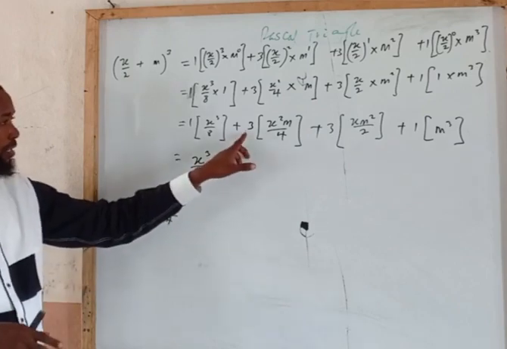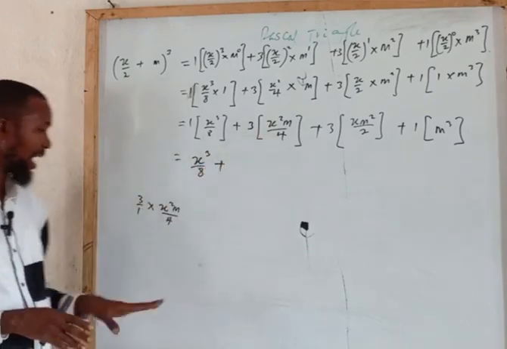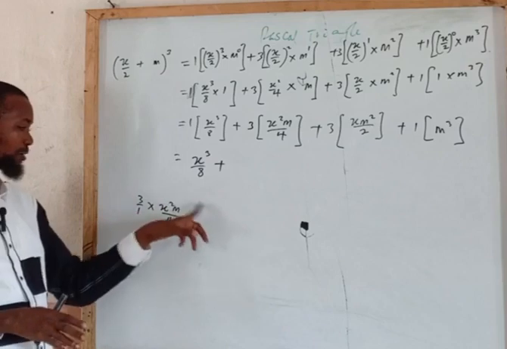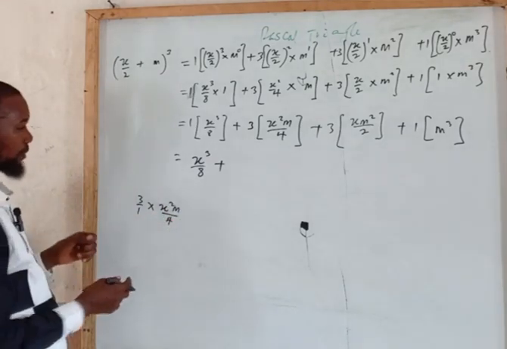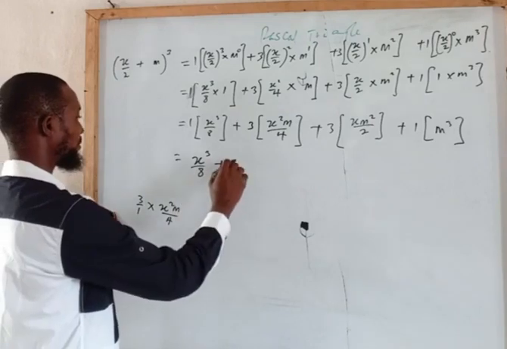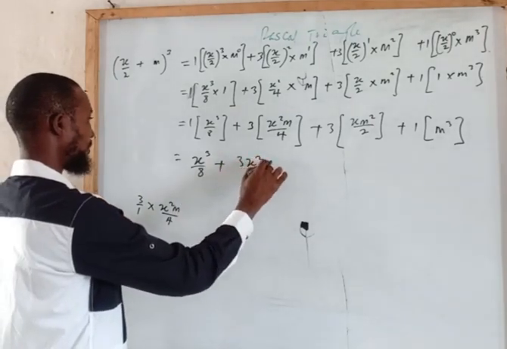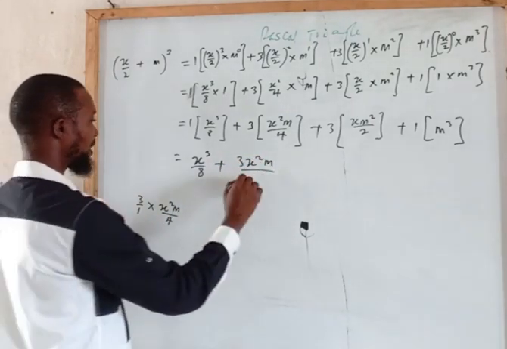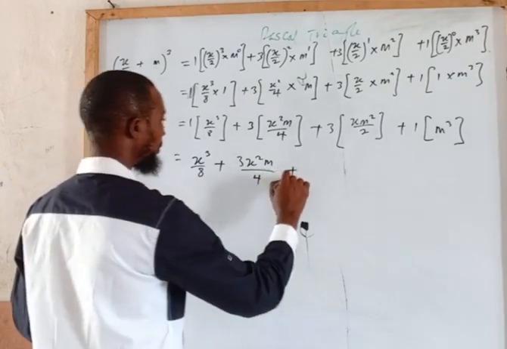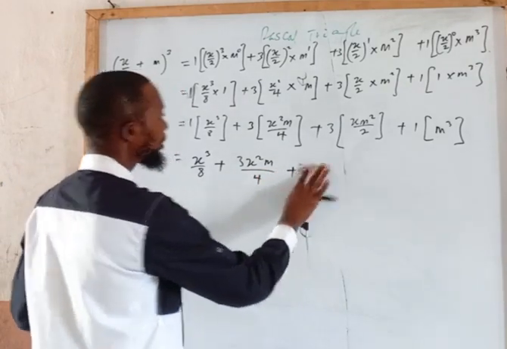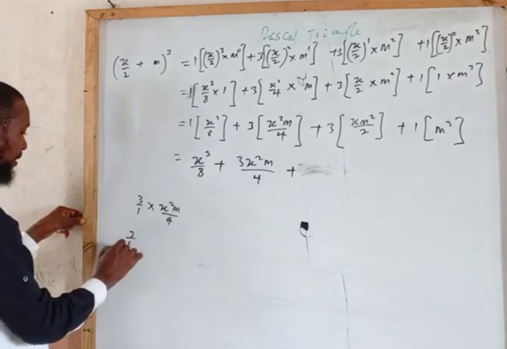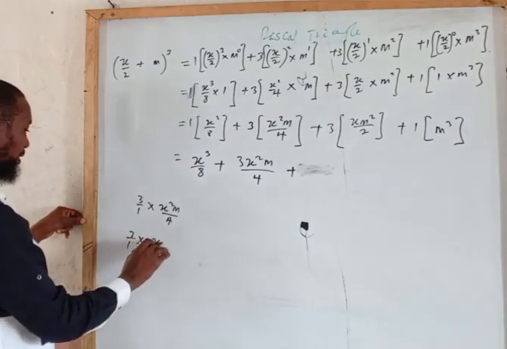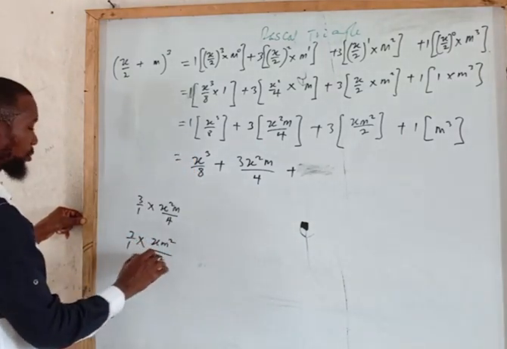So now 3 multiplied by this can be rewritten as 3 over 1 times x squared m over 4. Now what follows? I'll multiply now. 3 times x squared m gives 3x squared m over 1 times 4, which gives 4. Now plus 3, no, let me also open that bracket. So 3 there becomes 3 over 1 times x m squared over 2.